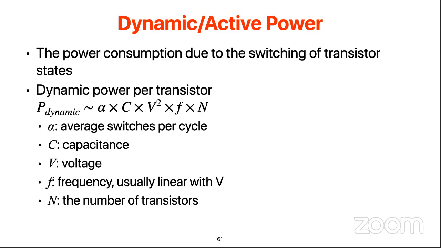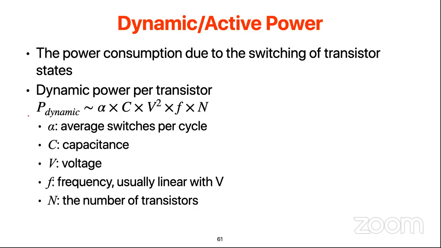If you remember your reading in the textbook, it mentions that power consumption has two parts. One is called dynamic active power, the power consumed because you are switching transistor states.